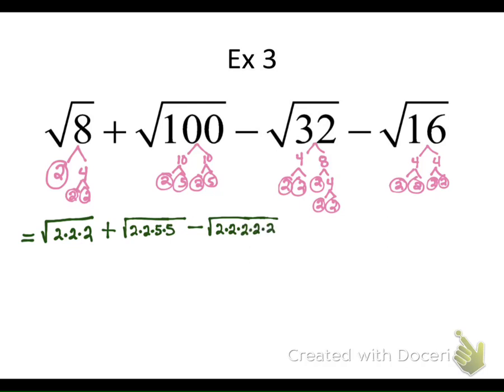So I have 5 2's, right? What operation sign do I bring down now? The subtraction sign. And what do I put for my square root of 16? What are my prime factors? Good.